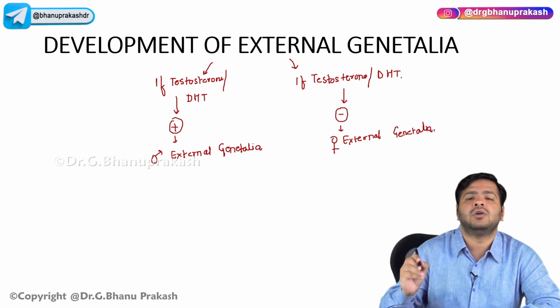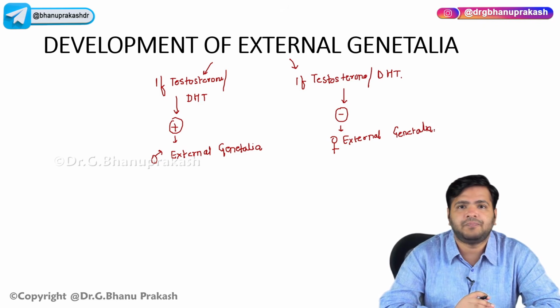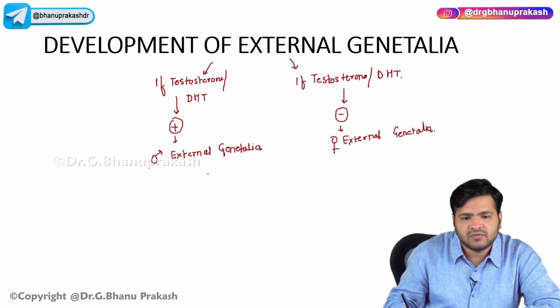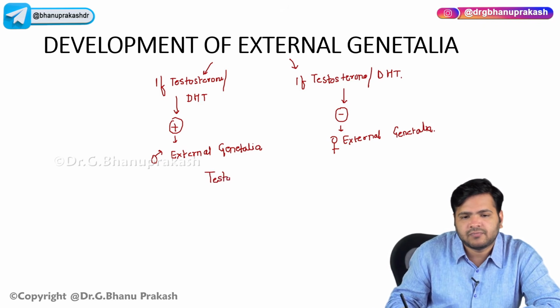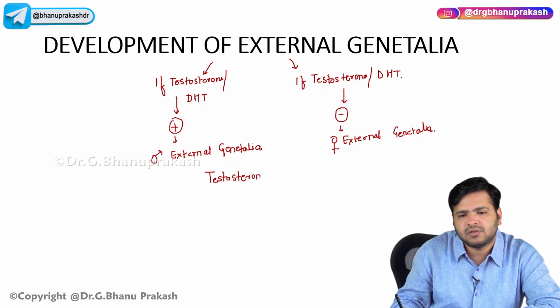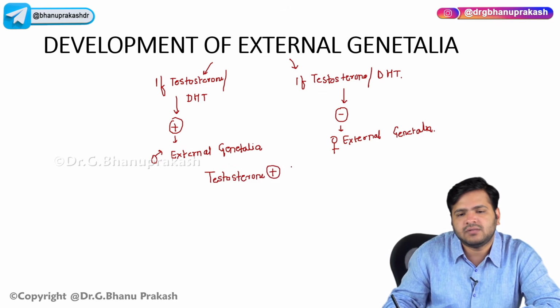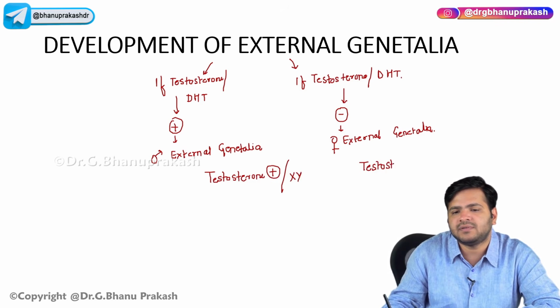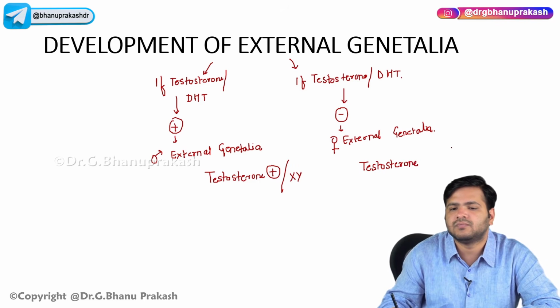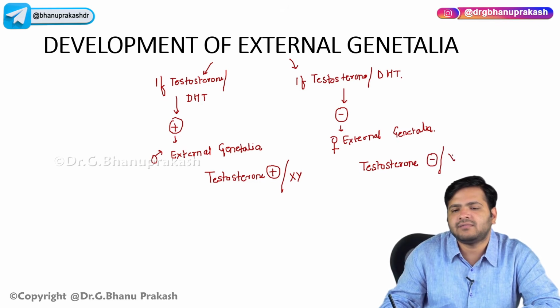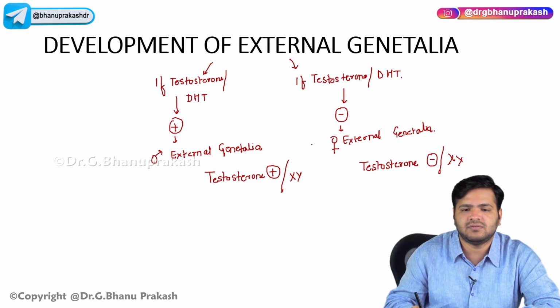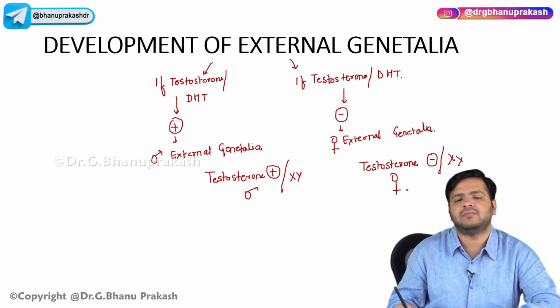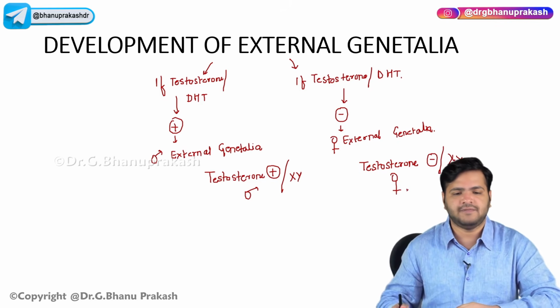Female external genitalia, right? Now let us take two cases over here. We have testosterone present, so it simply indicates we have an XY karyotype, and if the testosterone is absent, we have an XX karyotype, that is the female. So this is the male and this is the normal female.